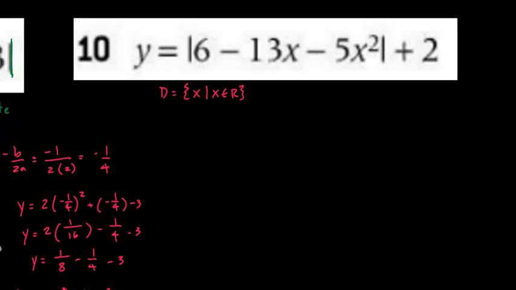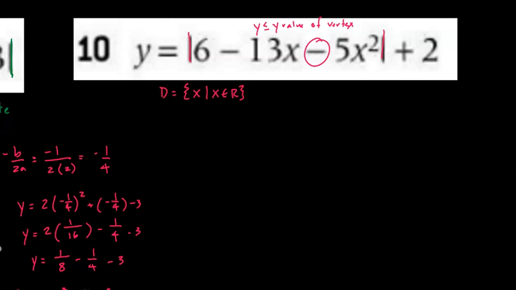I mean, the range of this quadratic is going to be y is, it looks like it reflects. So it's going to be less than or equal to whatever the y value of the vertex is, right? The y value of the vertex. But then the powerful absolute value does its thing on that. And so once again, it's going to reflect.